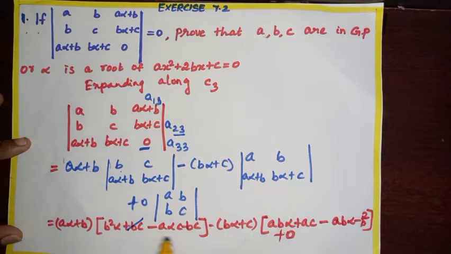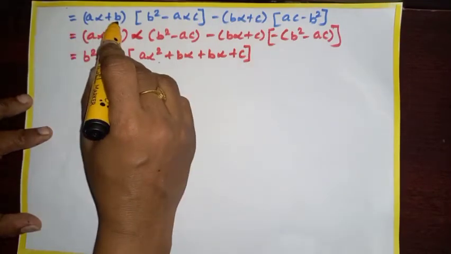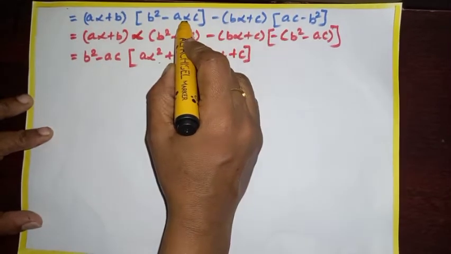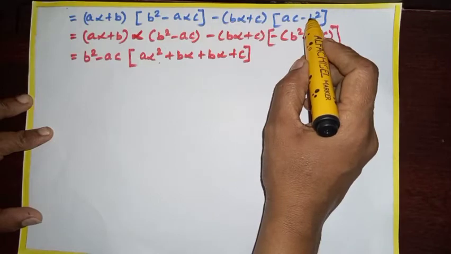Here plus BC minus BC will be cancelled. Here plus AB alpha minus AB alpha will be cancelled, which is equal to A alpha plus B into B square minus A alpha C, minus B alpha plus C into AC minus B square.